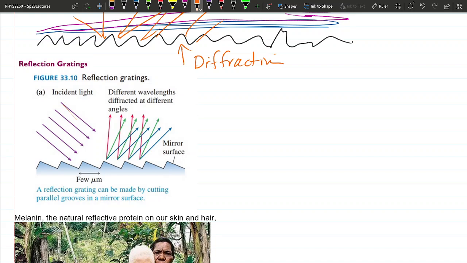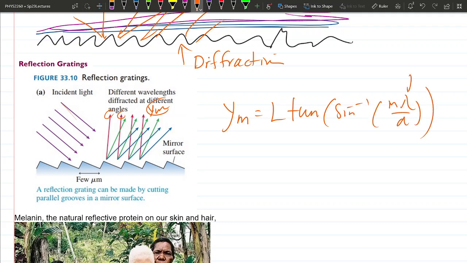The interference will create bright and dark spots at different positions depending on the wavelength of light. Remember the equation: y equals L tangent inverse sine of m lambda divided by d. The bigger the wavelength, the further the bright fringes will be located.